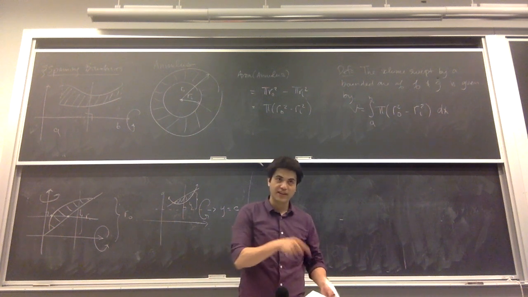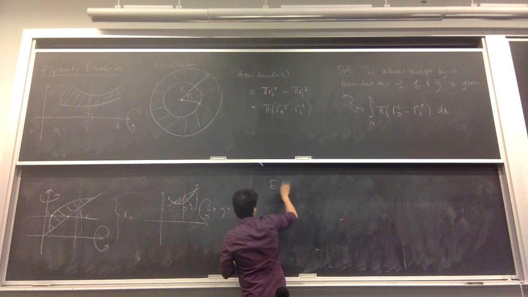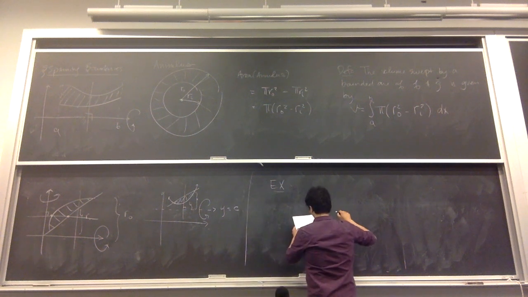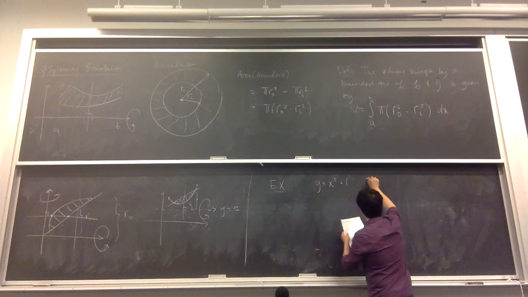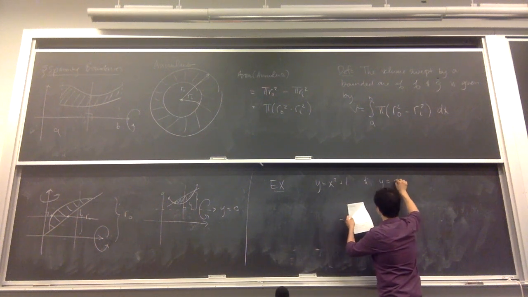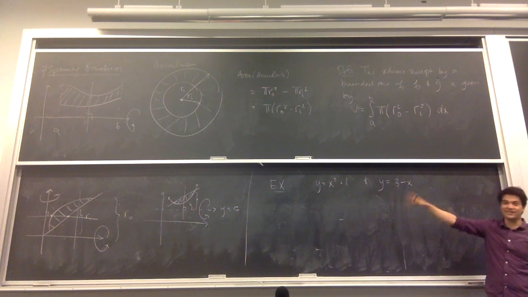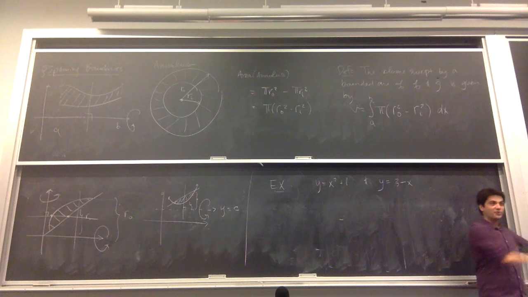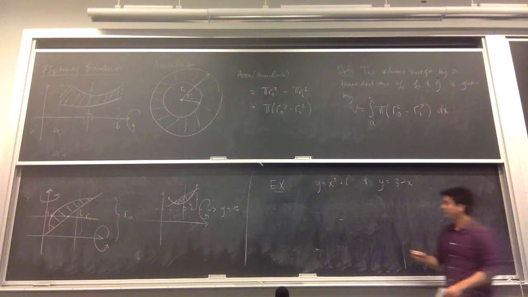Okay, so I gave you an exercise in the notes here. I'm not going to write the whole thing. Look in the notes for the full thing. So y equals x squared plus 1, and y equals 3 minus x. I don't want to hear any questions on Piazza about how this is undefined, because it's in the notes. Okay, here are two curves. They will form a bounded region.